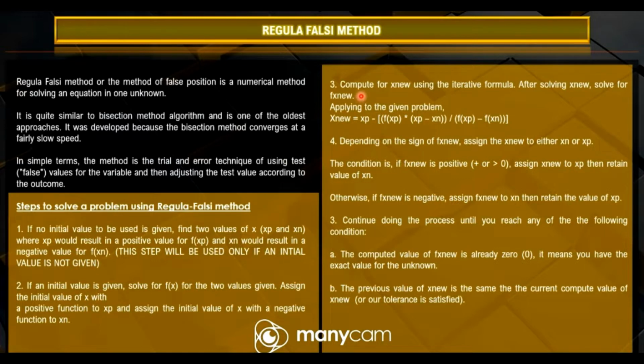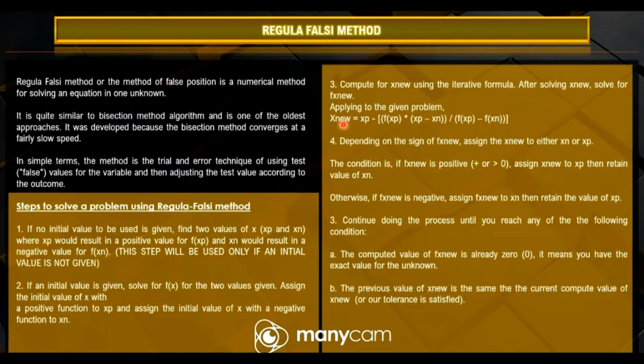Third, we will compute x new using the iterative formula. First we identify xp and xn, then we compute x new using the iterative formula for the Regula Falsi method, which is x new equals xp minus f(xp) multiplied by (xp minus xn) over (f(xp) minus f(xn)).